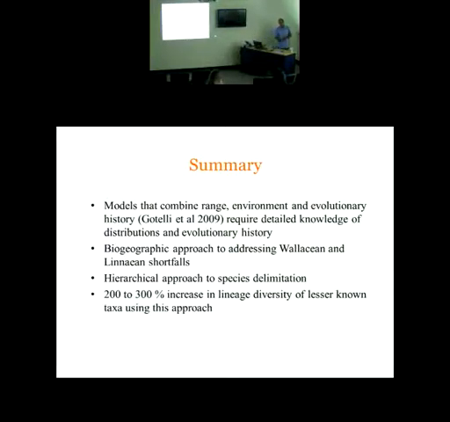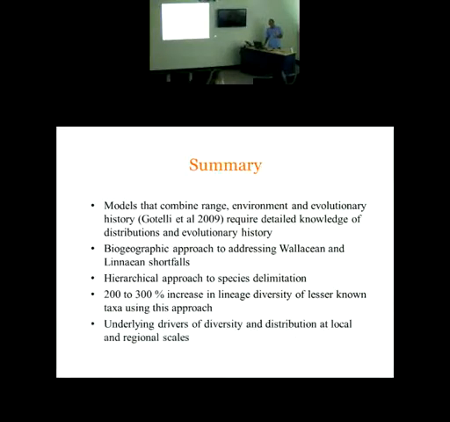The hierarchical approach that we've taken to species delimitation or lineage delimitation is also relatively novel. The model systems that we've chosen are already showing 200 to 300% increases in lineage diversity of lesser known taxa. And we're hoping that someday fairly soon this will lead us to this holy grail of understanding diversity and distribution at multiple scales.